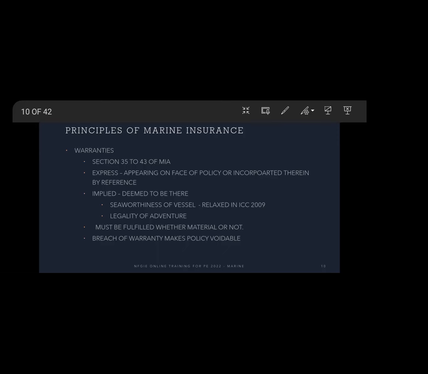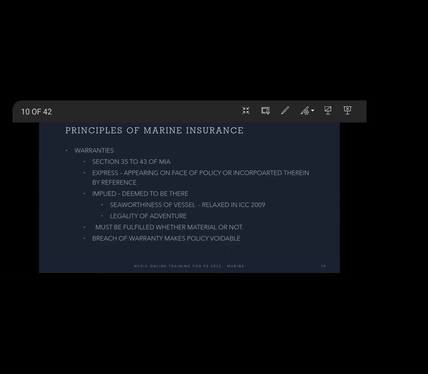For example, private carrier's warranty. We can either type down the whole private carrier's warranty on the policy document, or we can say private carrier warranty applies. So either it will be appearing on the face of the policy, or a reference to it is made on the face of the policy. In that case, that becomes an express warranty.